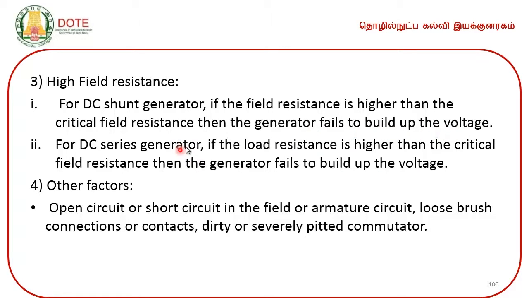Secondly, for a DC series generator, if the load resistance is higher than the critical field resistance, then the generator fails to build up the voltage. Number 4, the other factors: open circuit or short circuit in the field or armature circuit, loose brush connections or contacts, dirty or severely pitted commutator.